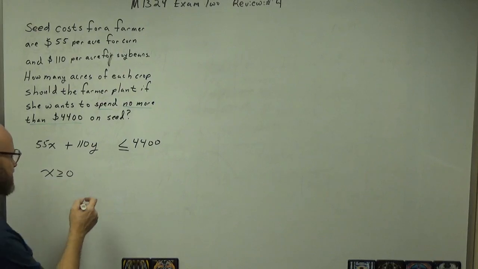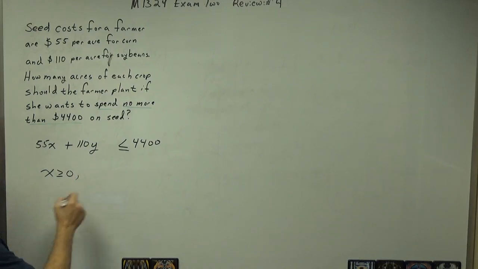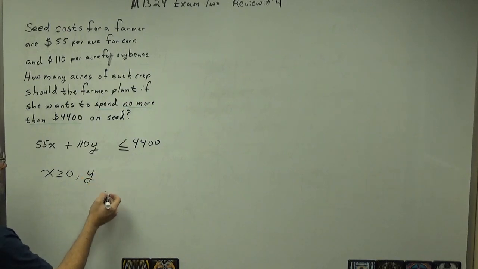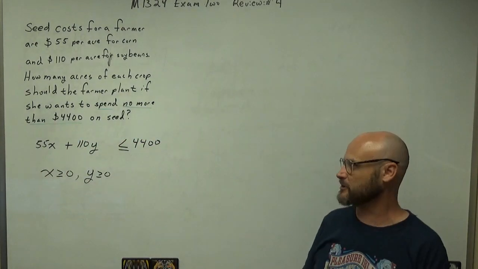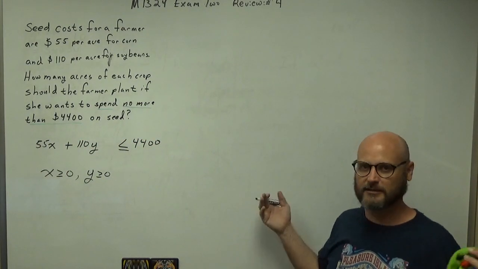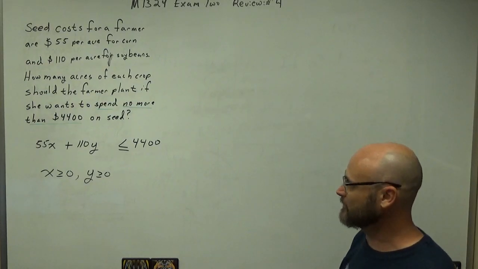We're not in the upside down world or something. But anyway, x is greater than or equal to 0, and same thing with the acres of soybeans, y is greater than or equal to 0 for the same reasons. You can plant 0 acres of soybeans, but you can't plant negative acres of soybeans. So that's part of this question.